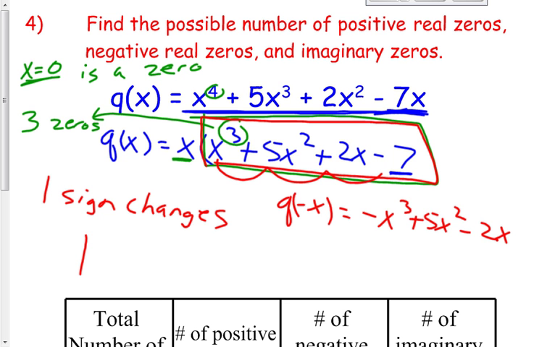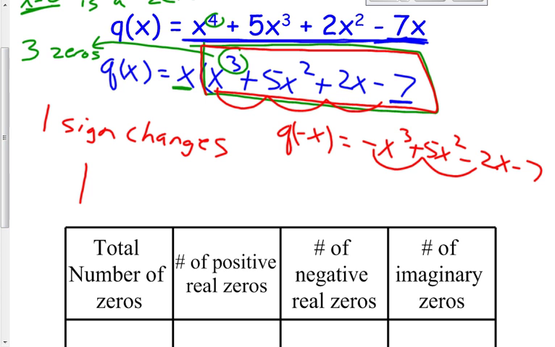And then I have my negative 7. So this one has 1, 2, 2 sign changes, I believe. So if there are 2 sign changes, that means that there are 2 negative zeros or 0 negative real zeros.